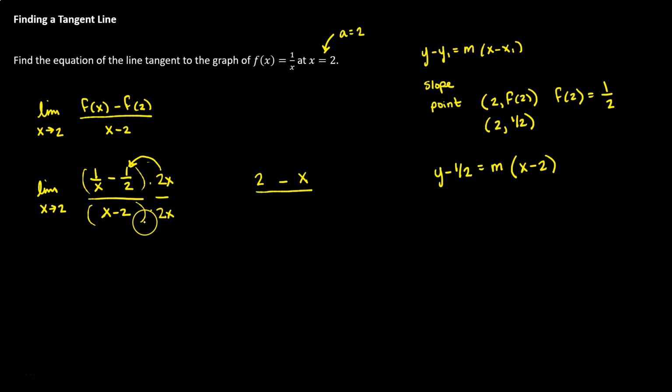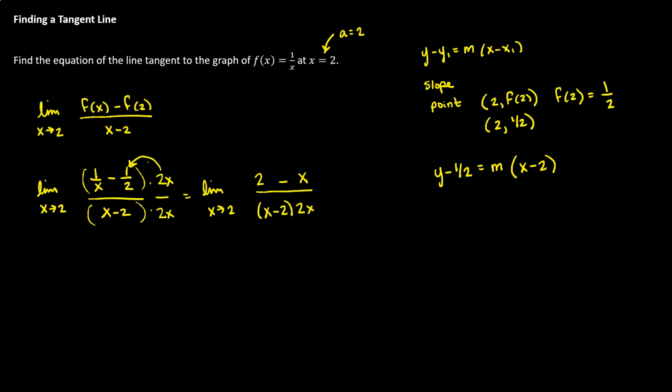In the denominator, I can multiply the 2x times the x minus 2, but I'm not going to do that. I'm going to leave it factored because every step we make in mathematics, we should do it intentionally. Rather than just applying everything we know as soon as we can, let's take a look at each step along the way and decide if it's smart to multiply it out or if it's not.